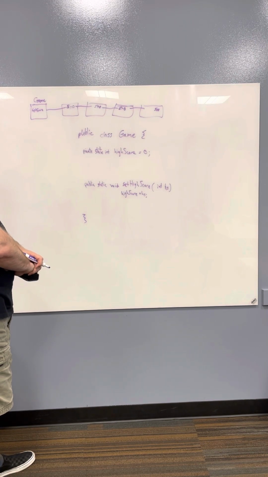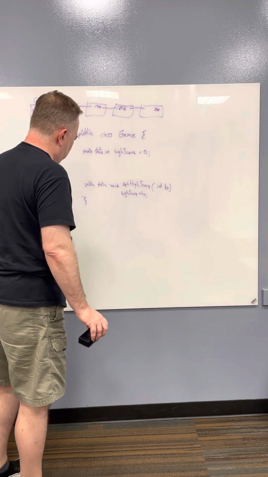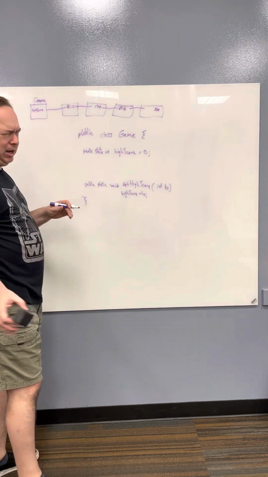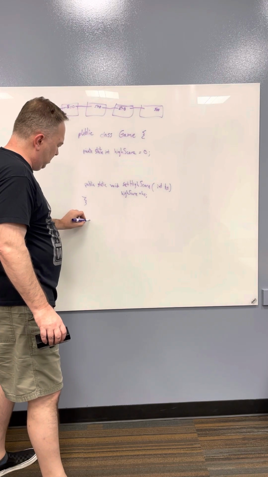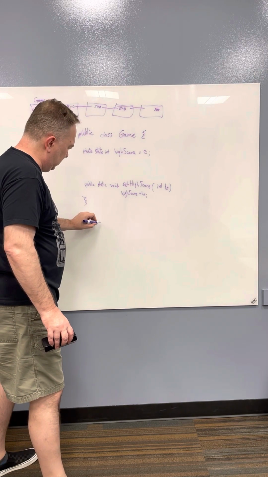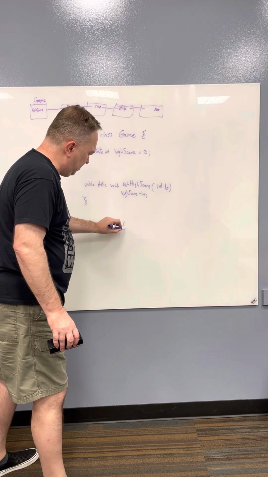Do we need to say anything else about static? Oh, yeah. How do we use it? So in my driver class, I'm going to have Game g1 equal to new Game.